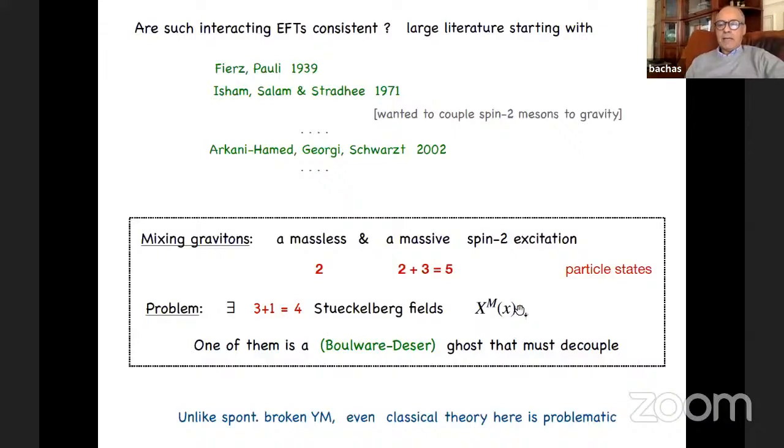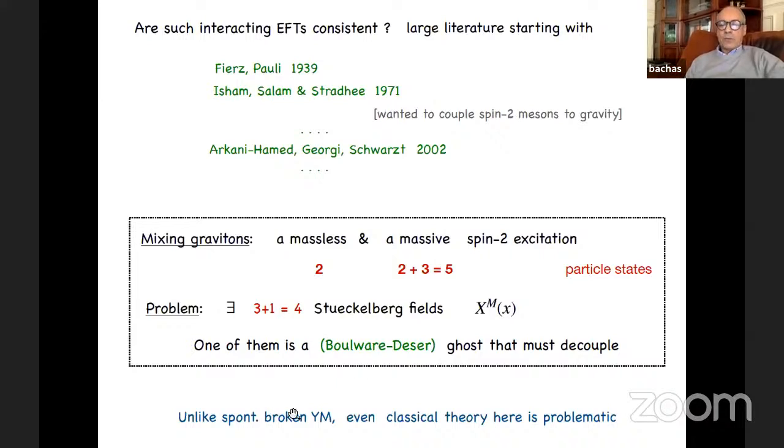These are simply the coordinate mapping from one manifold to the other. Now, these are 3 + 1, 4 fields. They are scalars if you view them from the point of view of the little x manifold. But clearly, we only need 3 degrees of freedom. The 4th one actually turns out to be a ghost. It's called Boulware-Deser. And somehow consistency tells us that it should decouple.